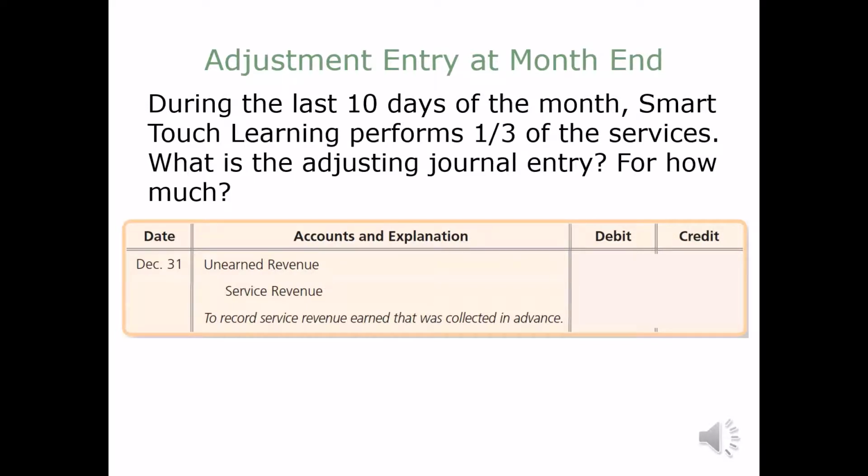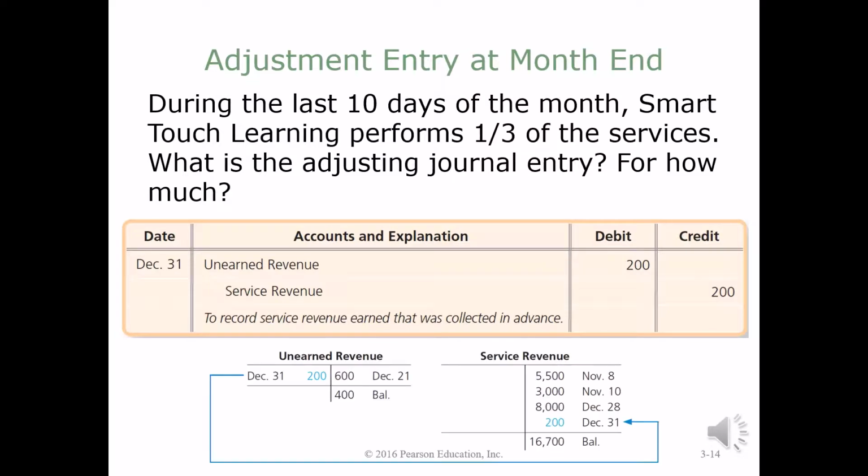And we will be crediting our service revenue account to increase it because service revenue has a normal balance of a credit. The amount is $200 since that is 1/3 of the original posted amount of $600.